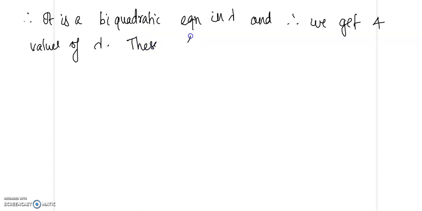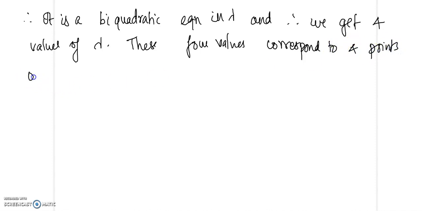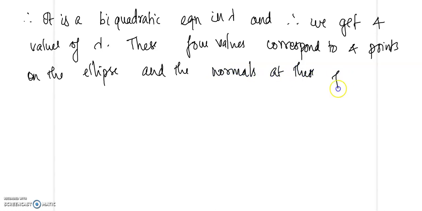So these 4 values correspond to 4 points on the ellipse, and the normals at these points pass through the given point HK.